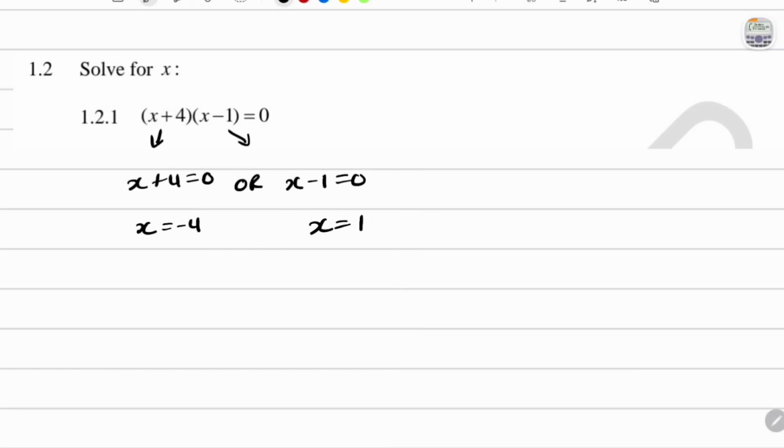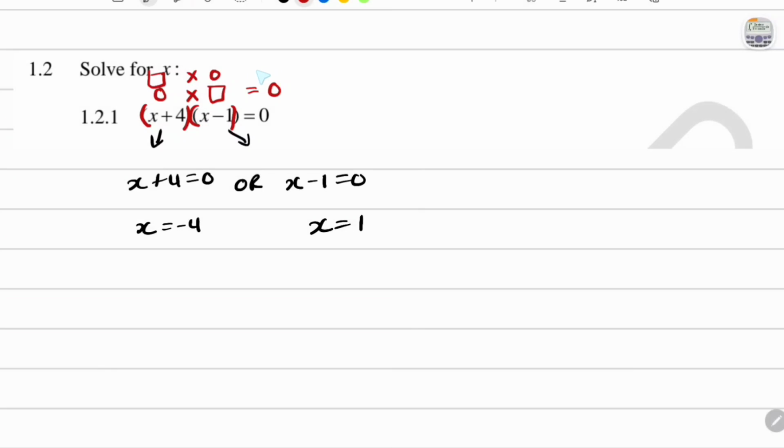And remember grade 11, the logic behind this is they're saying that two things are being multiplied and they give you 0. So it means that either this one is multiplied by this, let's say this was a number, 0 times anything gives you 0. So we're saying either this bracket is equal to 0, or if you, let's say this was just a number on its own, and we were multiplying it to this one, and this one was 0.